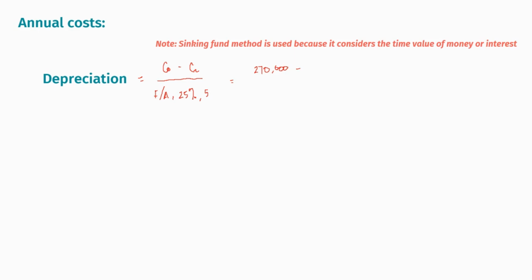Yun yung salvage value from the given. So, 27,000 yung 10%. All over ((1 plus 0.25) raised to the 5 minus 1) all over 0.25. So, this is equal to 29,609 pesos.